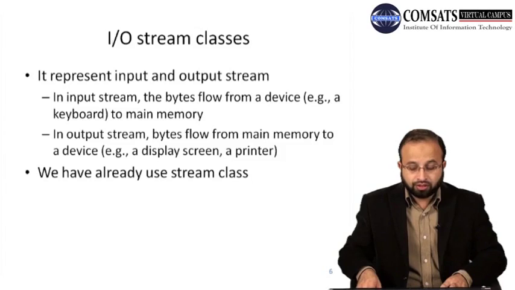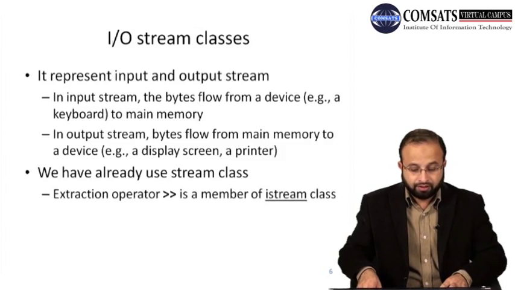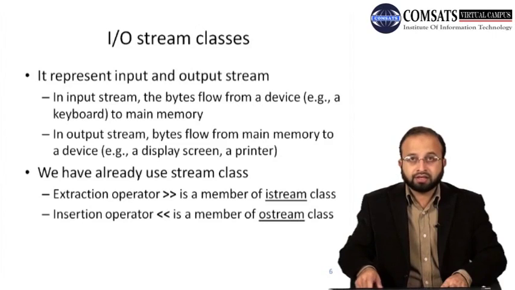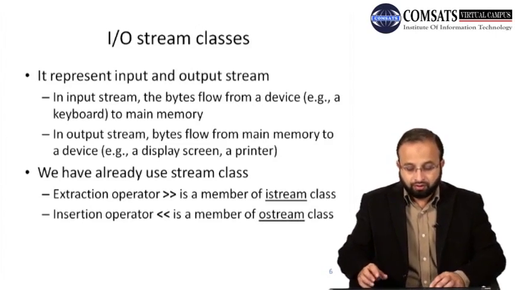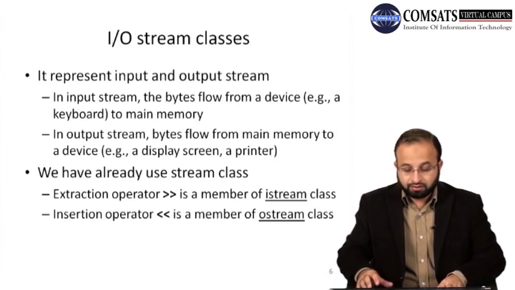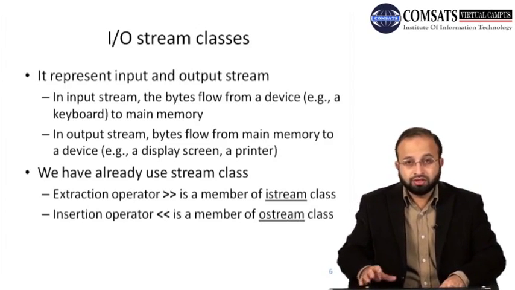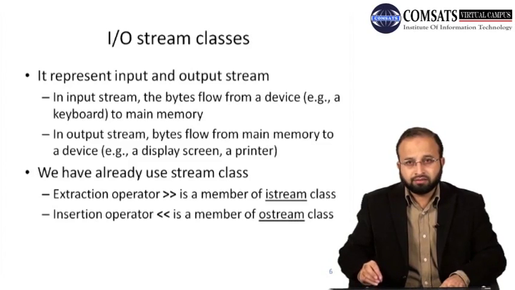We have already used stream classes, that is extraction operator, greater than sign is a member of istream class, and insertion operator, that is less than sign, is a member of ostream class. So we have already seen these stream classes, or used these stream classes to display some value on the screen or to input value from the user.